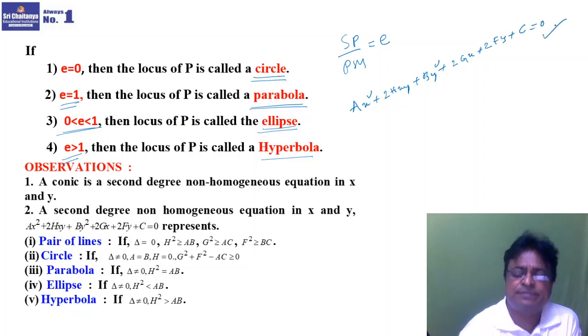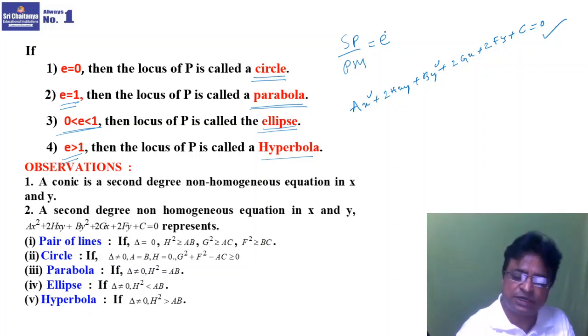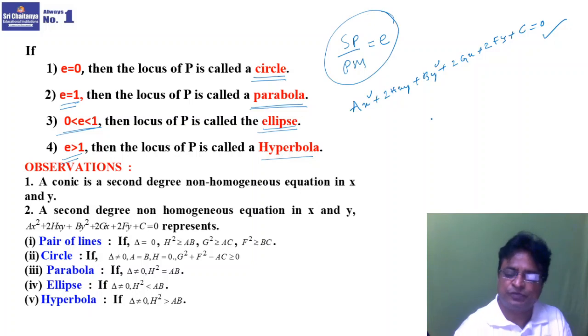This represents a conic section. Not every second degree non-homogeneous equation represents a conic section; terms and conditions apply. Why we are concentrating on second degree will be clear after evaluating this.